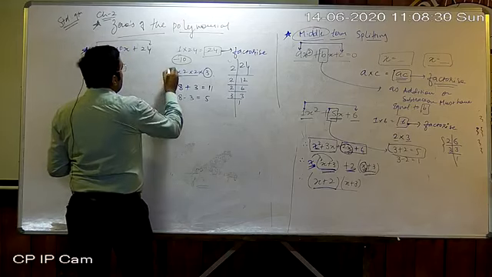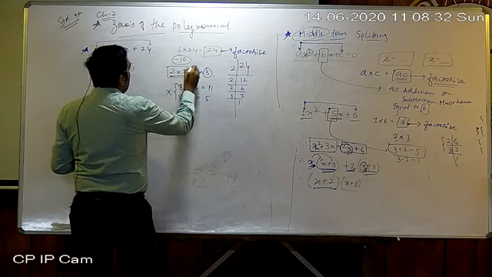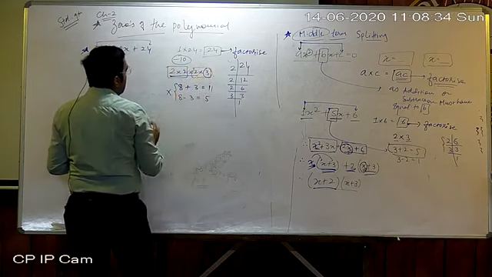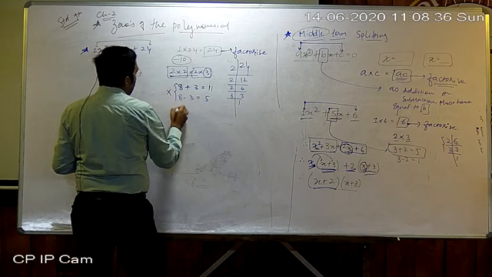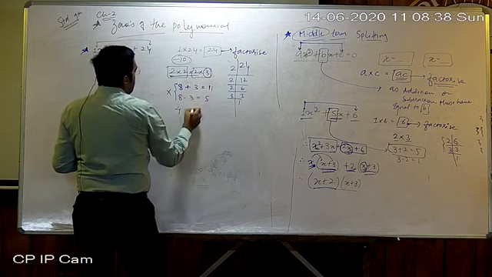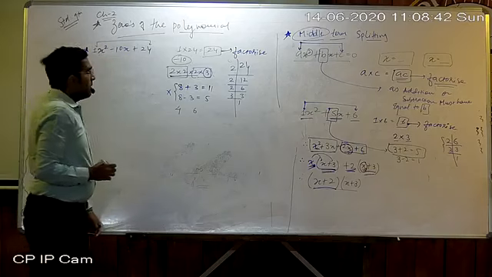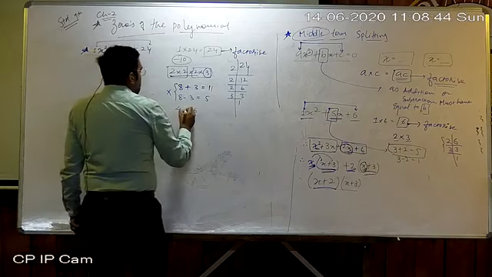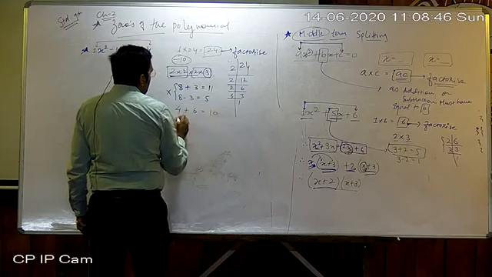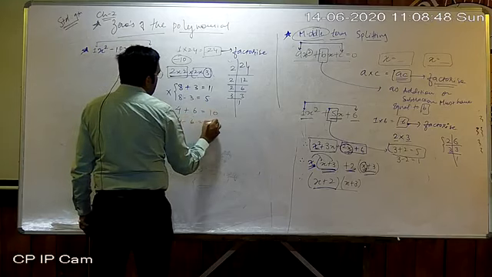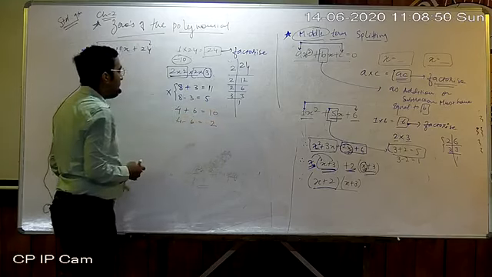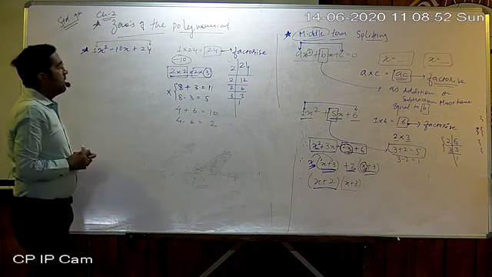We will take 2 into 2 and 3 into 2. So as per the 2 into 2, we found 4 and 2 3s are 6. So in that condition, we found 4 plus 6 as 10 and 4 minus 6 as 2.